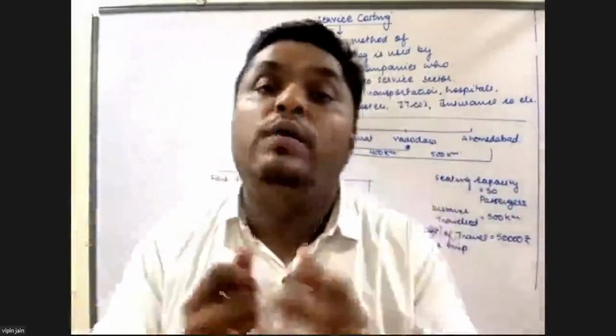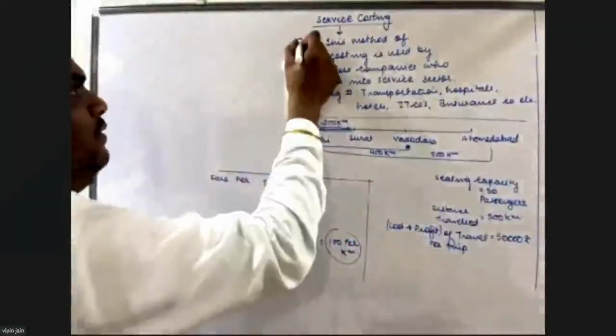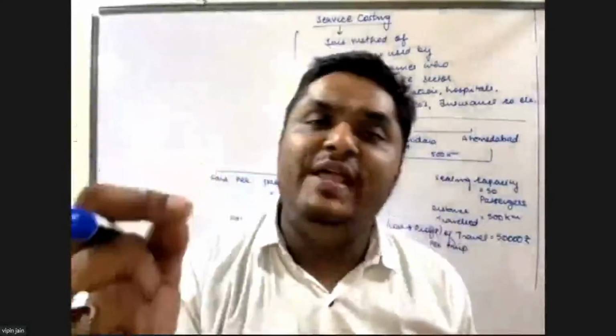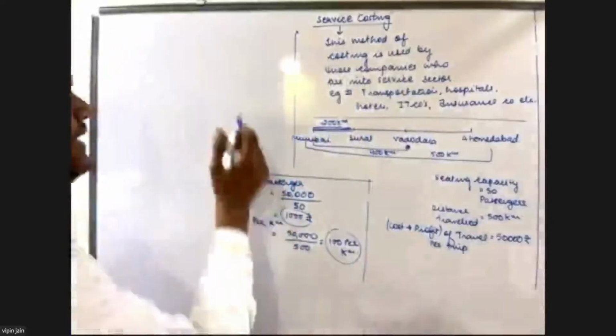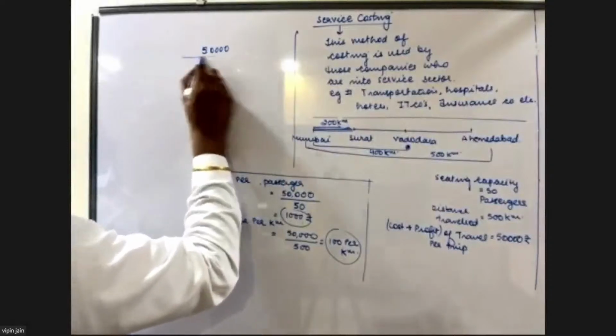So herein, how to calculate the fare per passenger? In this situation, two factors are important: the passengers traveling and the distance traveled. The total estimated revenue is 50,000.